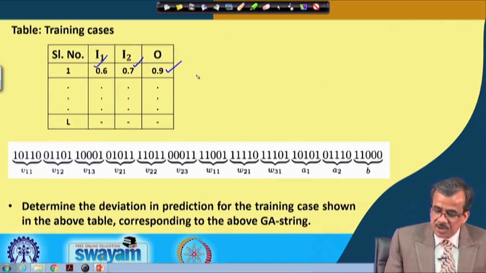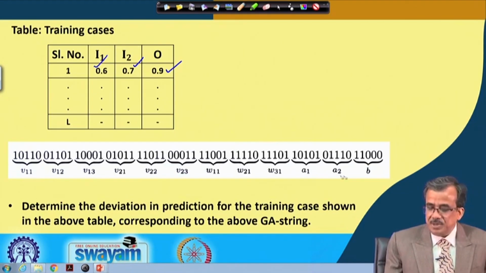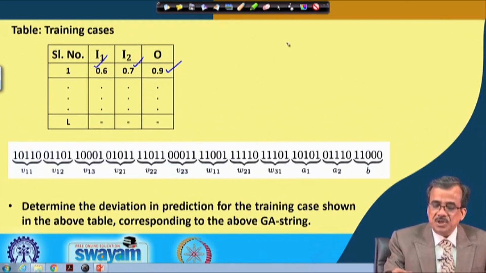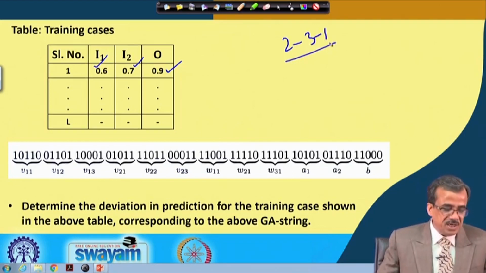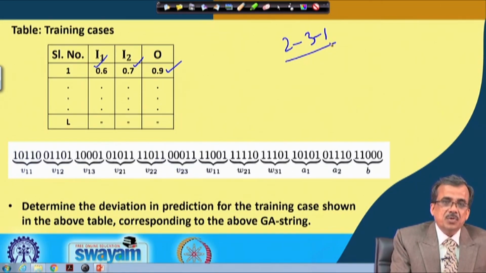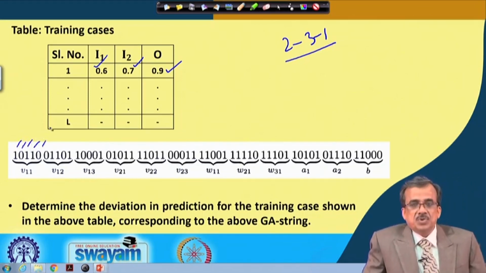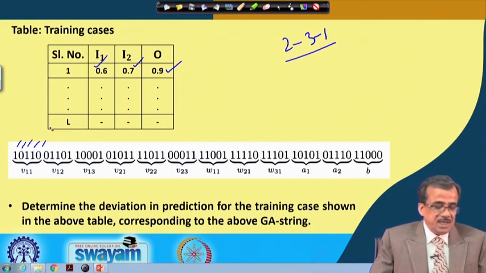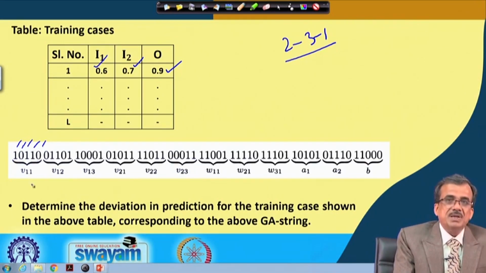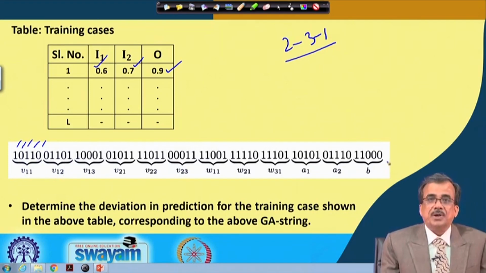Now, if you concentrate on the GA string, the GA string will carry information of this particular network, that means this 2, 3, 1 neural network, and it is having a fixed architecture, and we are going to use 1, 2, 3, 4, 5 bits to represent each of these design variables. For example, 5 bits are used to represent V11, the next 5 bits are used to represent V12 and so on.